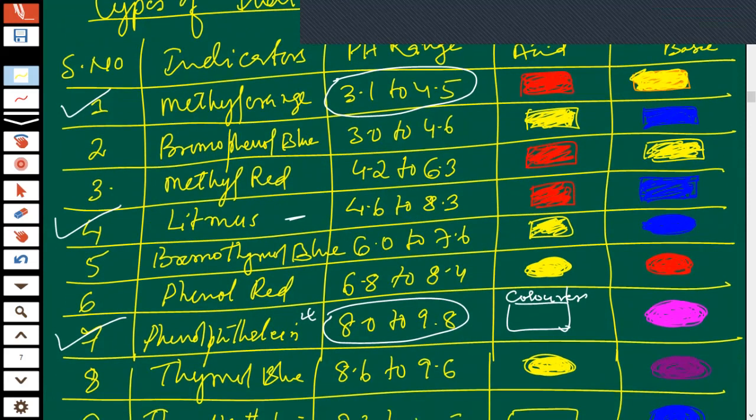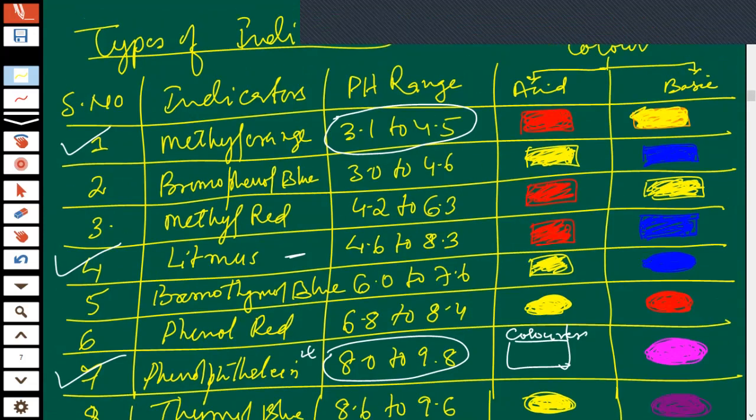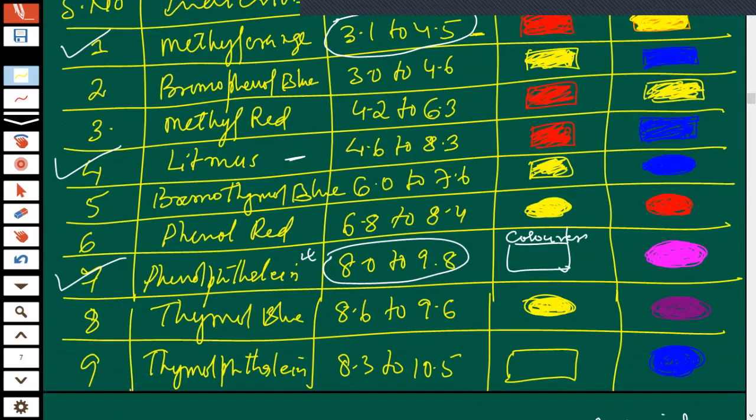At least these three: methyl orange, litmus, and phenolphthalein. The phenolphthalein range is 8 to 9, which means it works in basic medium, and methyl orange works in acidic medium. Sir, once repeat the second one.